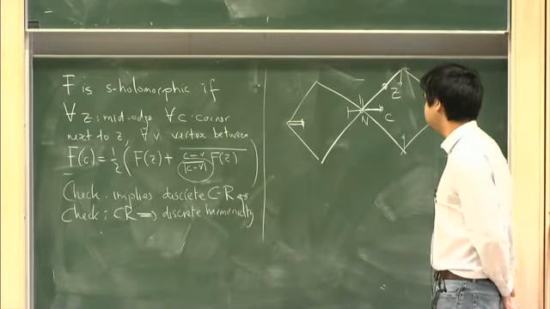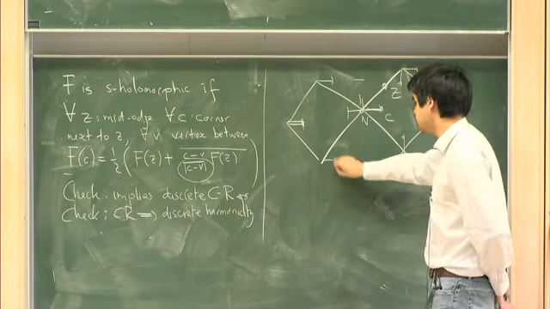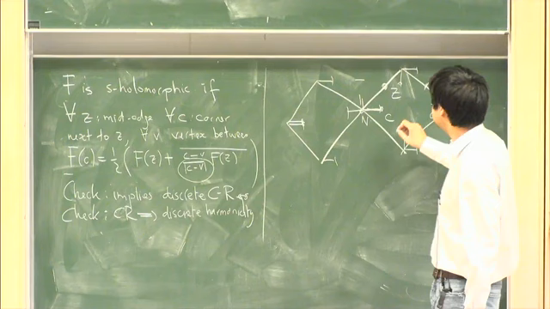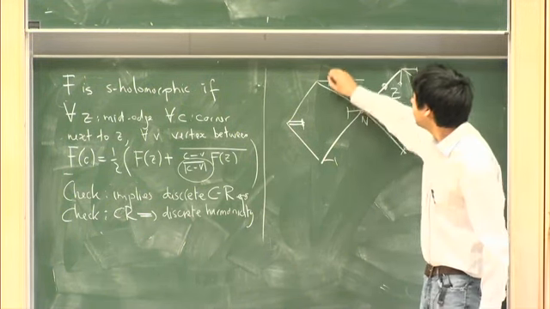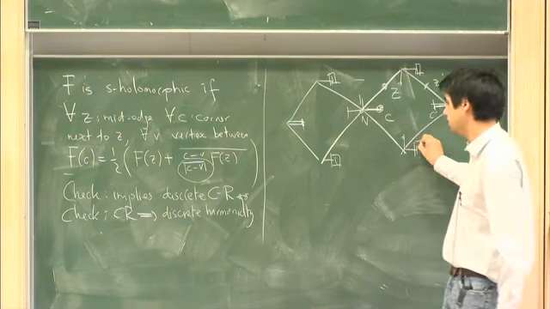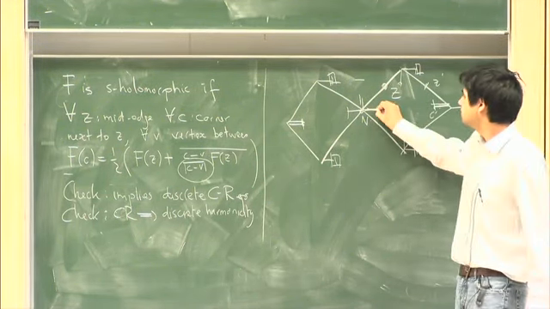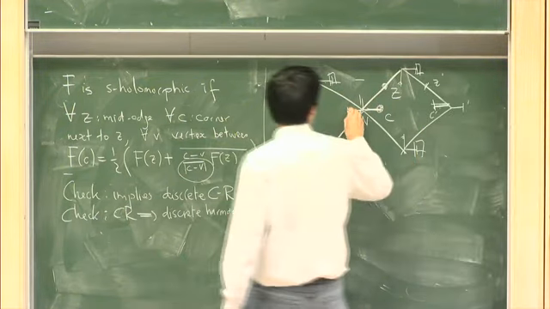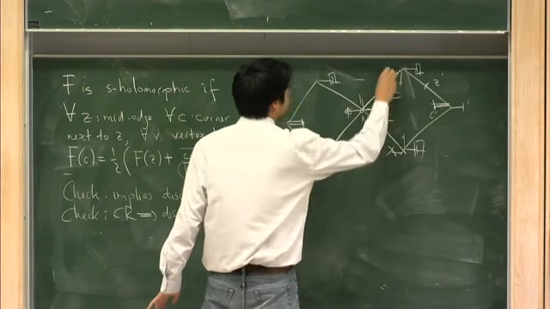It means the function satisfies a discrete analog of the Laplace equation, which is Laplacian equals 0. What does it mean? Well, for instance, the value at the vertex here is the average of the values at the 4 vertices I'm surrounding with a square. It's very simple. The value here is the average of the 4 values there. Similarly, the value here is going to be the average of the 4 values there.